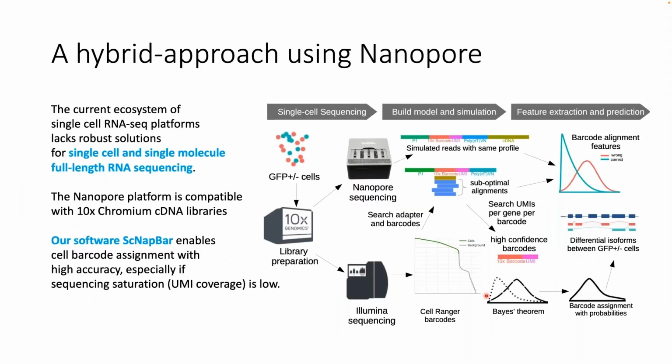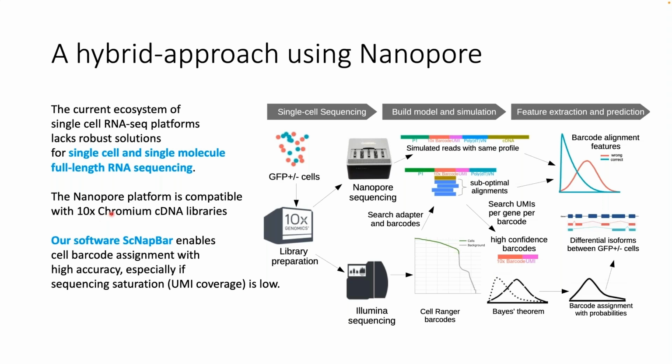So we did this initially, as I was telling you, on the Nanopore platform, combining in a hybrid approach single cell and single molecule full-length sequencing, using for the long reads the Nanopore platform, but for the barcode identification, predominantly the Illumina sequencing platform.